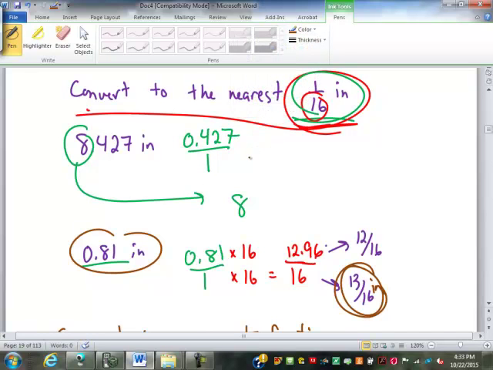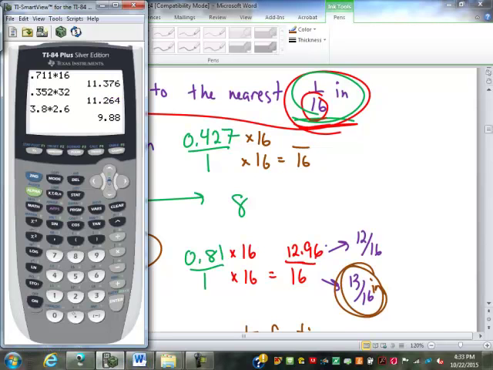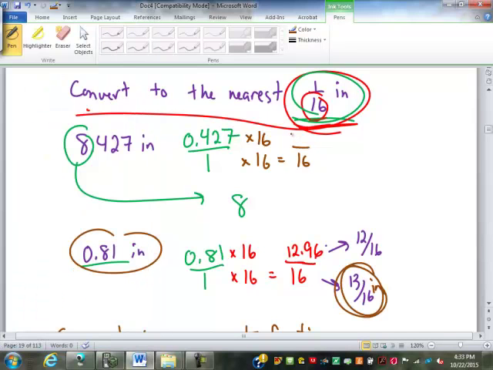Now, what do we want that denominator to become? 16. So how do we turn that into 16? Times 16. And of course, we must also multiply the top by 16. So 0.427 times 16 is 6.832. Good.